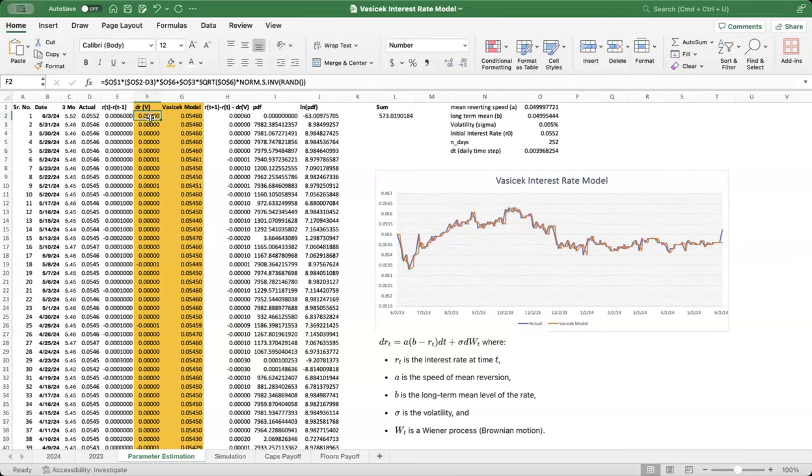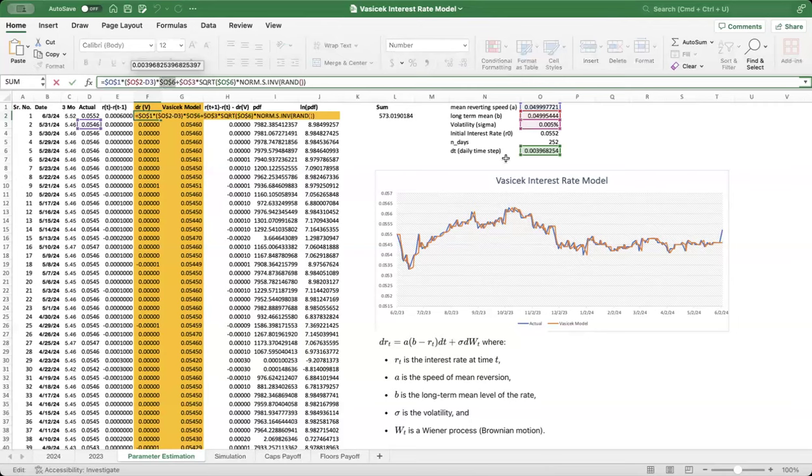Coming back to our equation, a times (b minus rt) times our dt term, plus sigma times the Wiener process. As I said in the last video, we define a Wiener process as the square root of time multiplied by a random variable generated using the normal distribution.